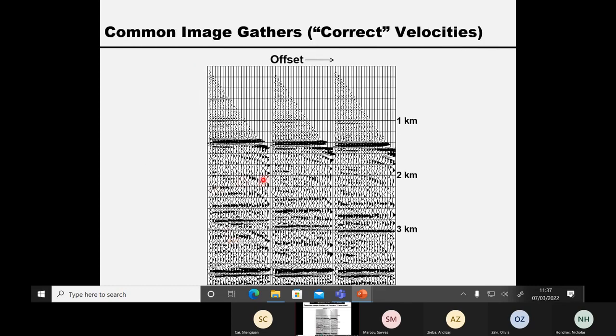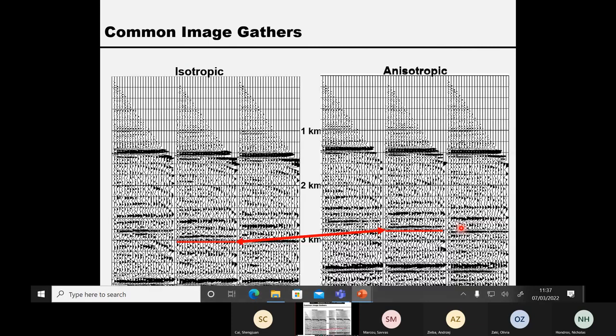Let me show you examples. Here, 3 gathers. That's the offset direction. That's the different depths. Here you can see they're all flat. That means you have a good velocity. But another thing we show here is, although they're good, flat, the structure is not right.